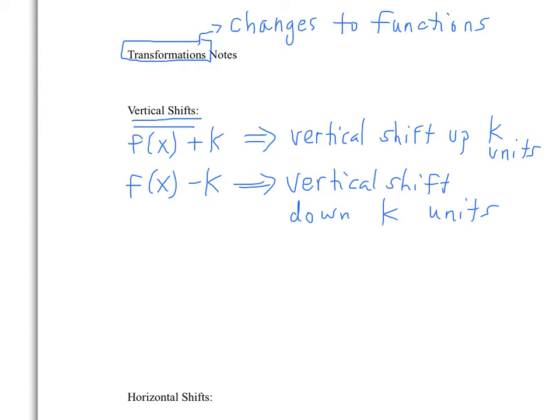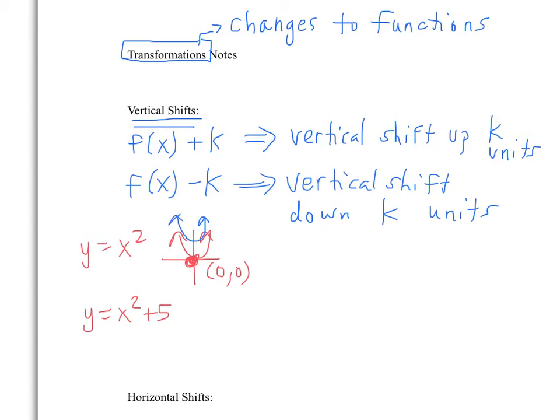So the idea is if you have something like y equals x squared, we'll keep it simple. We know what this looks like. Okay, the vertex is right here at 0, 0. Sorry, it's kind of sloppy. If we were to take this function and add 5 onto it, well, now all of a sudden it's going to be going up 5.